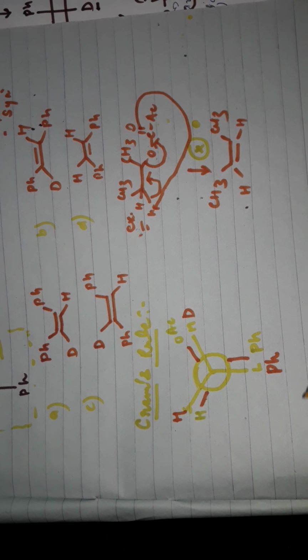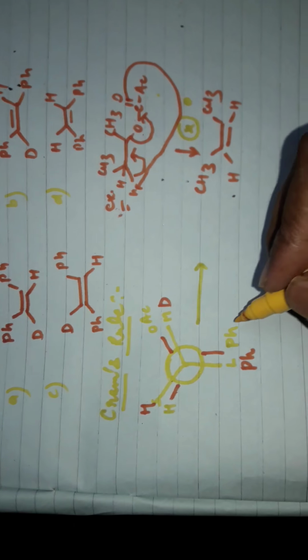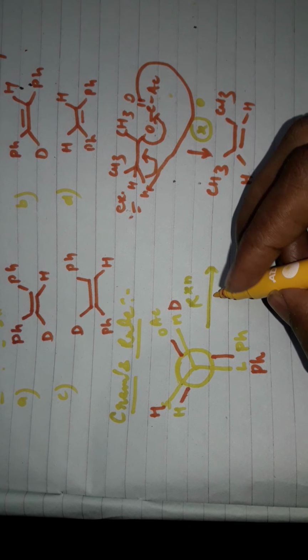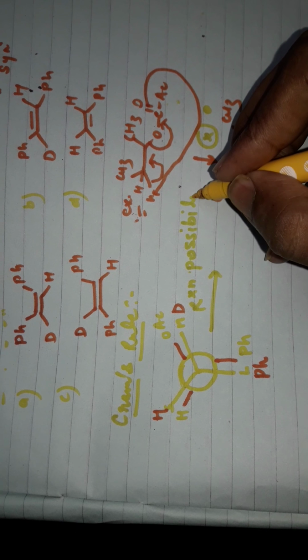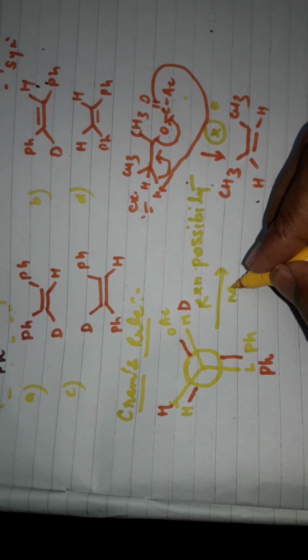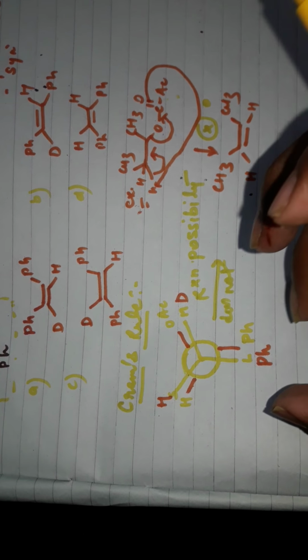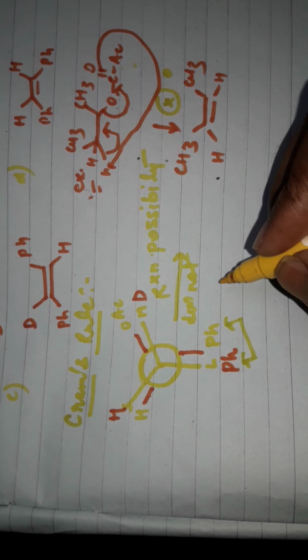Understand? After that, if you see this structure, it looks like that, meaning the reaction is not possible, does not occur. If the molecule orients like this, the two bulky groups are there, so the reaction will not occur.